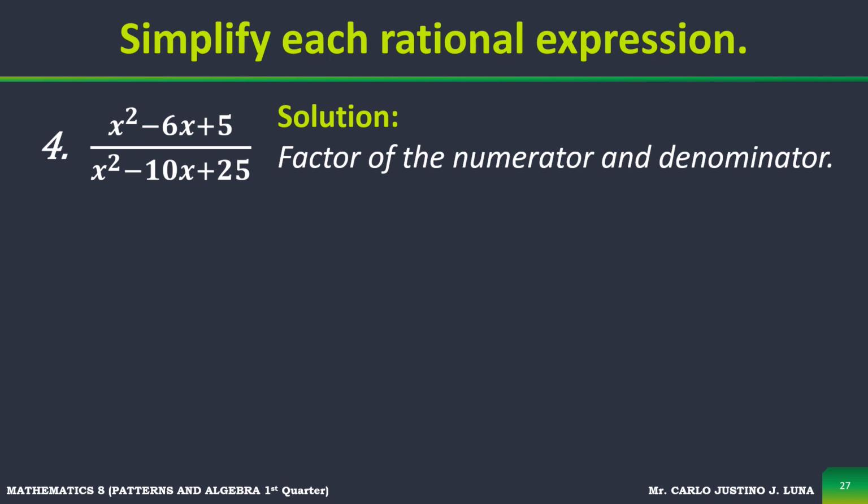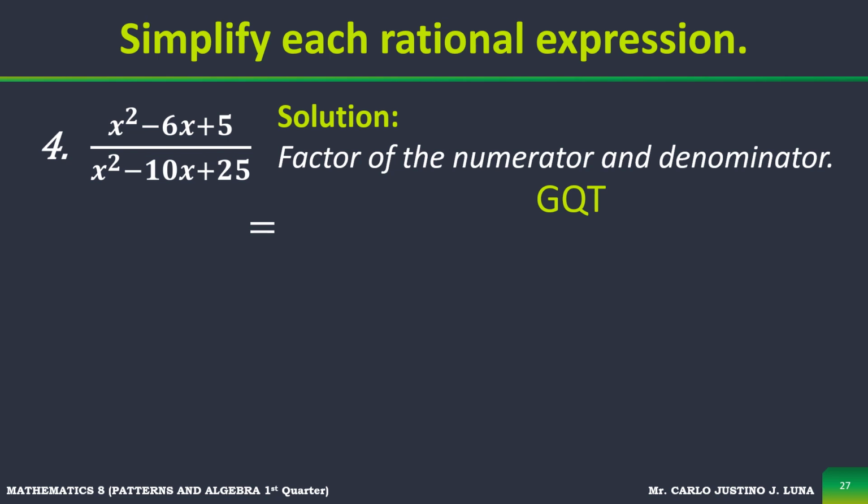Okay, so paano mo kukunin yung mga factors nung numerator natin? We have x squared minus 6x plus 5. Okay, we can do that by factoring general quadratic trinomial. Okay? So, paano gagawin yun? So, kukunin mo yung factors nung constant natin, yung c, 5. Ano yung mga factors ng 5?